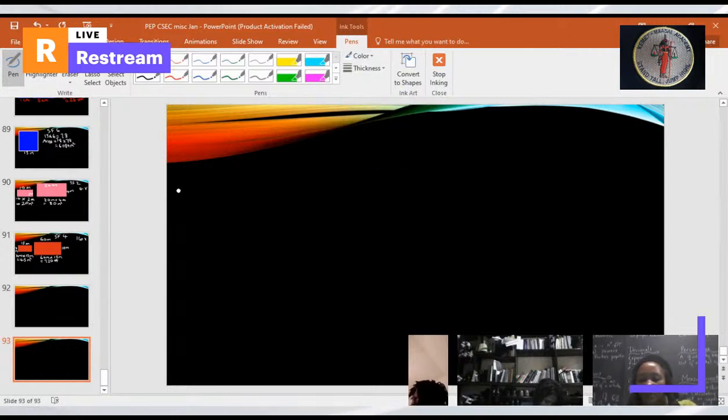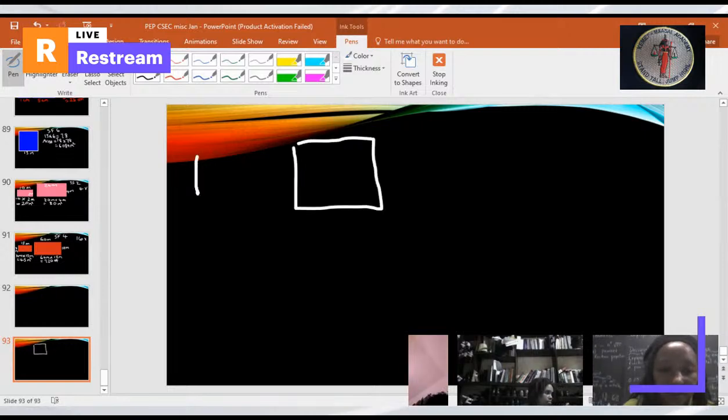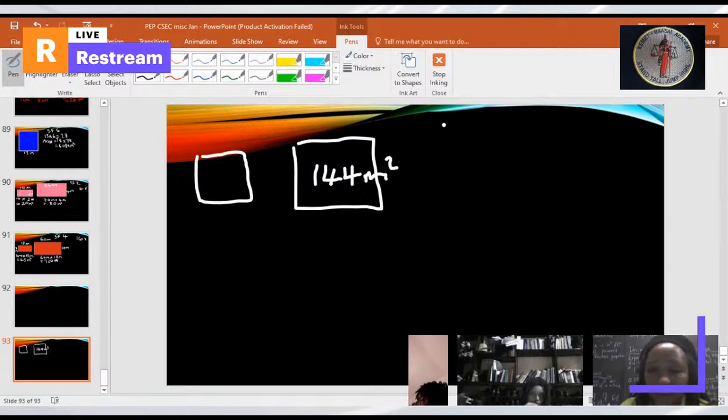So there is a square. There's a big square, right? The big one. Yes, miss. There's a big square and a little square. The area of the big one is 144 meters squared. And the scale factor is 3.